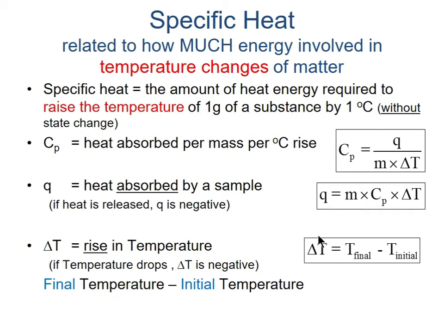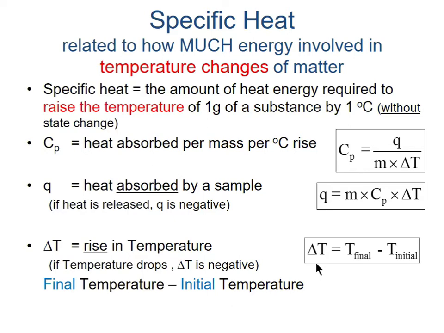Anytime you see the symbol delta in chemistry, we're talking about a change between the final and the initial. So we'll see delta H, we'll see delta T, we'll see delta E. So that's a general statement that that word delta is always a cue to have the final variable minus the initial variable, whatever property we're discussing.